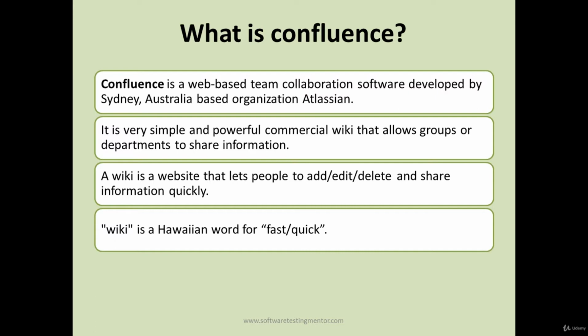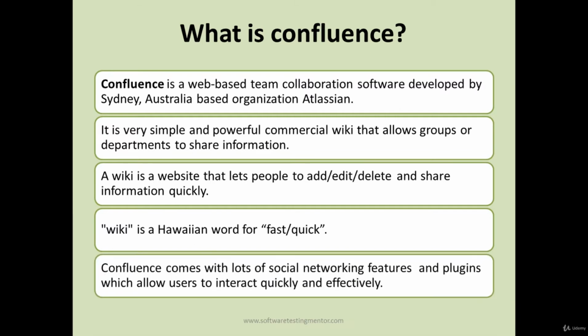Since Confluence is a web-based collaboration software, it allows you to easily add, edit and share information. That's why it is a commercial wiki. Confluence comes with lots of social networking features and plugins which allow users to interact quickly and effectively.